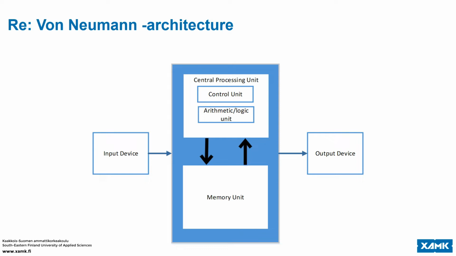And the idea of the von Neumann architecture is to implement what is called the programmable computer, meaning that whatever software is loaded in the memory determines what the computer is actually doing. So the same hardware can be used to solve different problems using software.